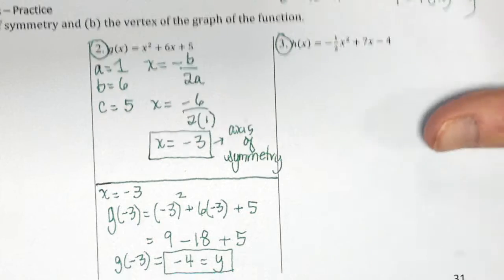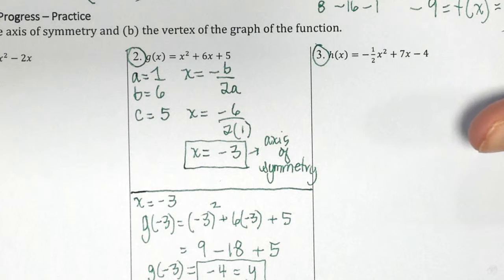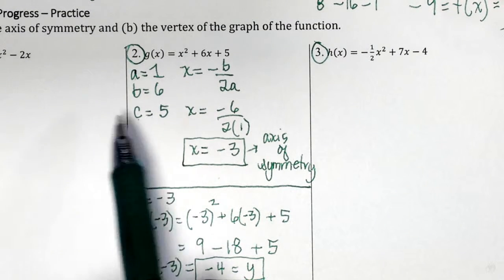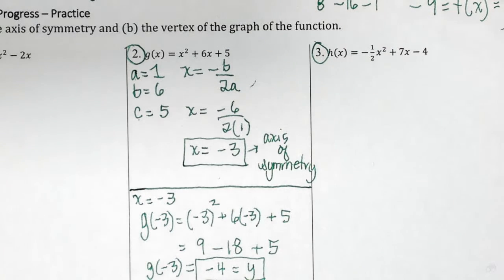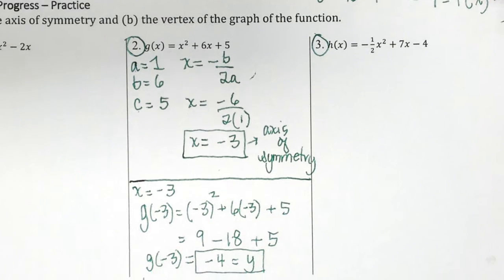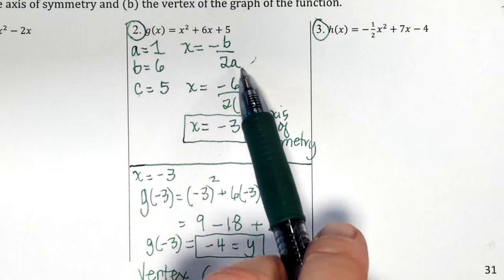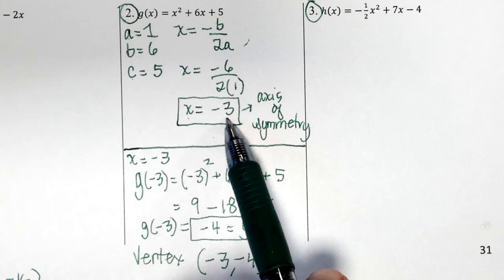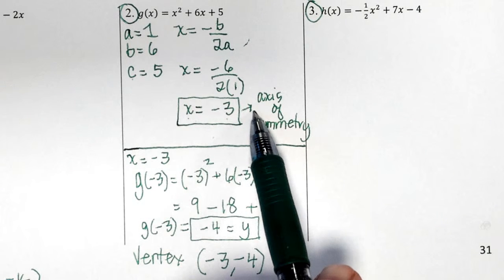Okay, so you could see I've already worked through the problem. The very first thing I did was identify my a, my b, and my c, and write the vertex formula, which is x is equal to negative b over 2a. I substituted the values for a and b into my equation, and I got that x is equal to negative 3. Remembering that when I have an x value, that is my axis of symmetry.